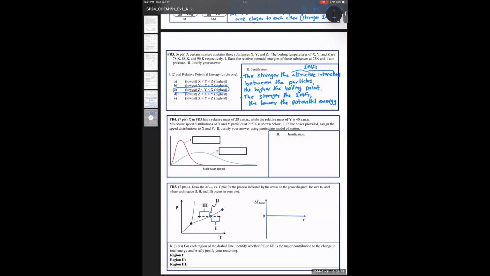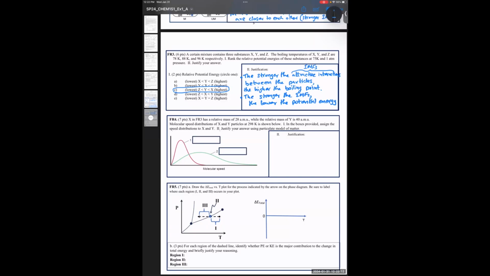So now keep in mind that the students can convey the same idea in different ways, but this is going to be the heart of the question. The concepts are tested here. Okay. All right. Now, moving on to question 4. All right, we're referring to FR3.